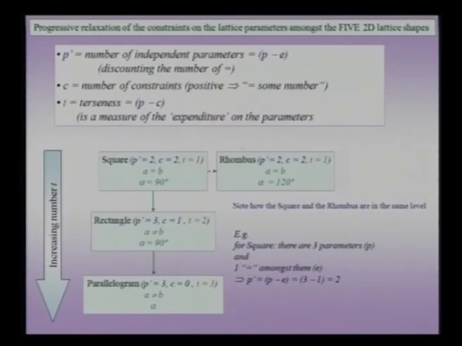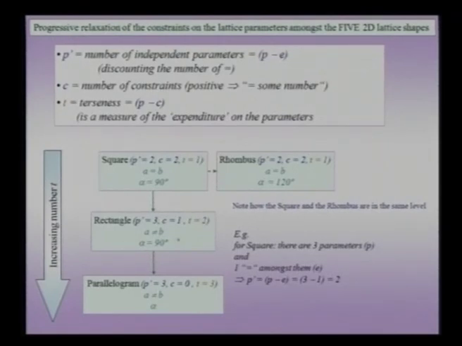If you consider the rhombus lattice, the number of independent variables is 3, and the number of constraints is 2, one of them being a equal to b, the other constraint being on the angle, which is 120 degrees. Therefore the difference 3 minus 2 is 1, and therefore the terseness value for the rhombus lattice is also 1, which is why the square lattice and the rhombus lattice have been placed on the same level.